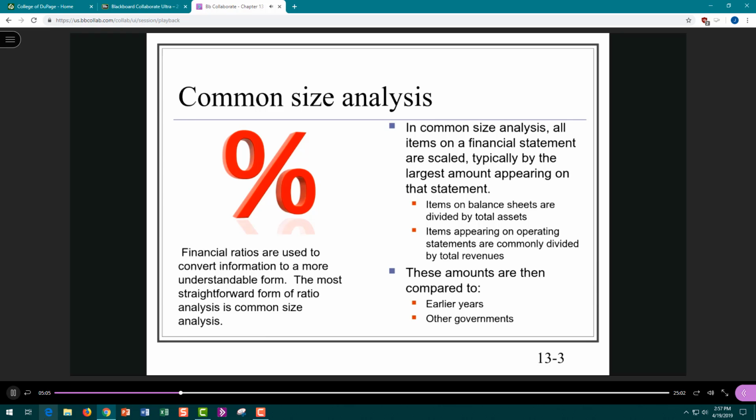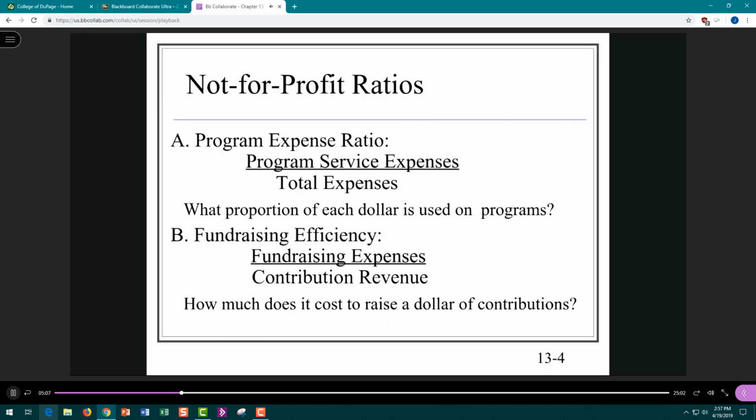So let's talk first about some not-for-profit ratios. Now, these are a bit unique to not-for-profit organizations. You might find some similar sorts of ratios for private sector entities or governments, but some of this terminology is unique to not-for-profit. So one ratio that is sometimes used is the program expense ratio.